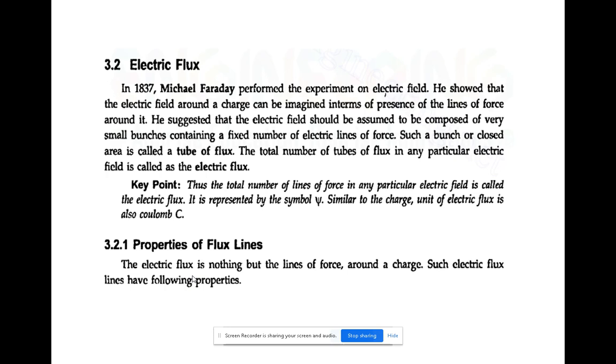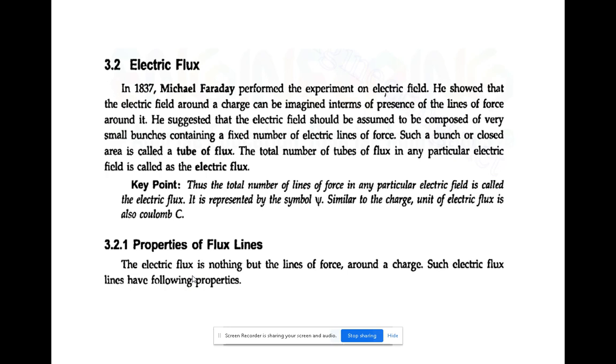The total number of lines of force in that particular electric field together is called the electric flux. The intensity is what determines how many lines there are in a region, and that is the electric field intensity.